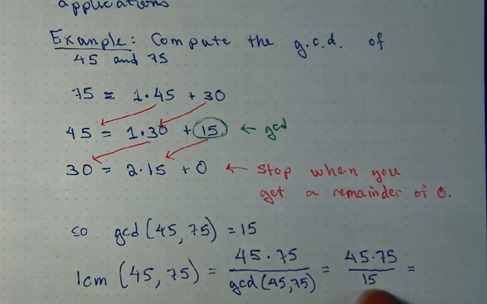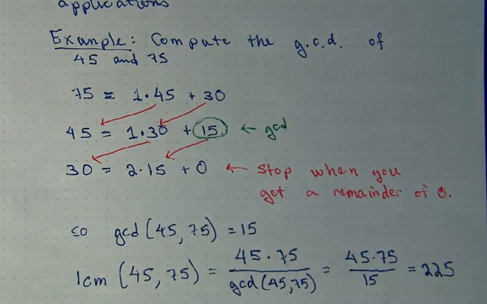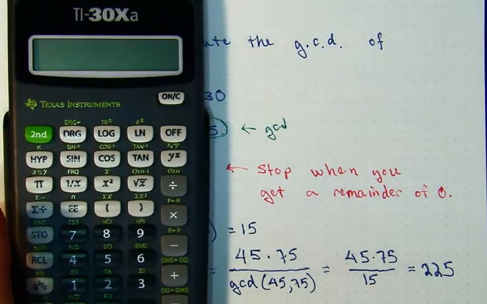And let me see, we can do a quick calculation here. I think I'm getting 225. So 225 is the smallest number that both 45 and 75 will divide into evenly. Let me just pull out a calculator here and check my math.